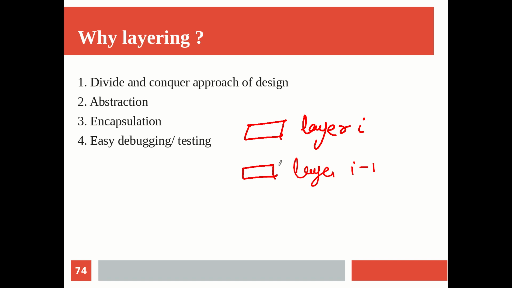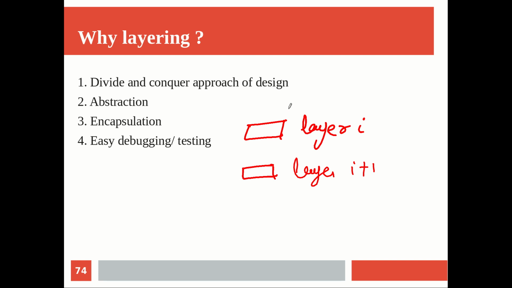This numbering you can do in any way, or I and I plus 1. So this is the lower layer, so I am counting in this direction. This layer implements many things, and when layer I plus 1 is looking at layer I, it is getting an abstract view only, in the sense the details are hidden from layer I plus 1.